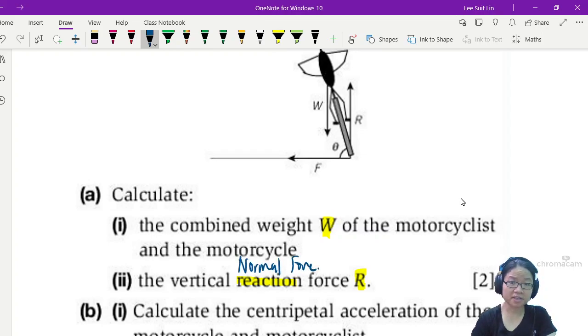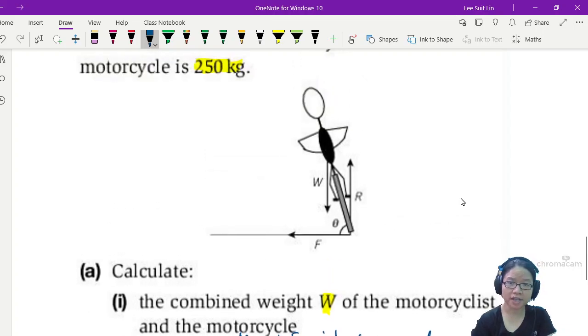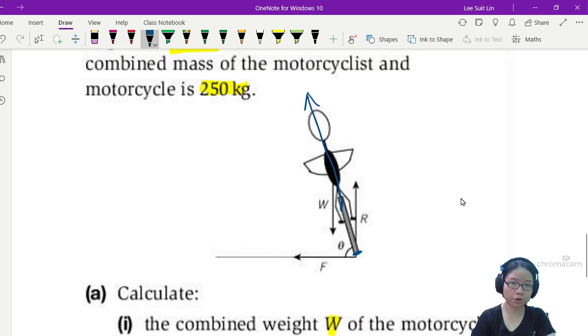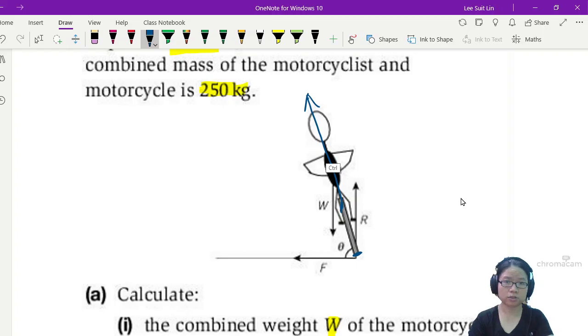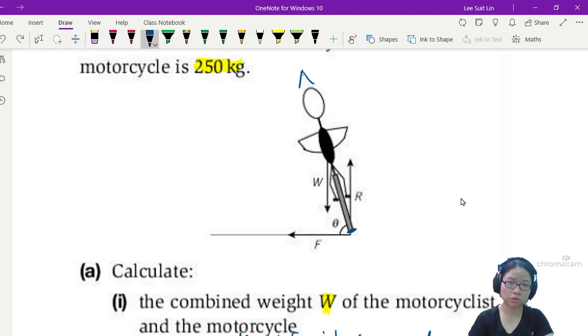The name normal means that it has to be perpendicular to the contact surface. The wheel is touching the floor, so perpendicular to the contact surface will be roughly in this direction, pointing upwards, along the center of mass or the line of the body this way.